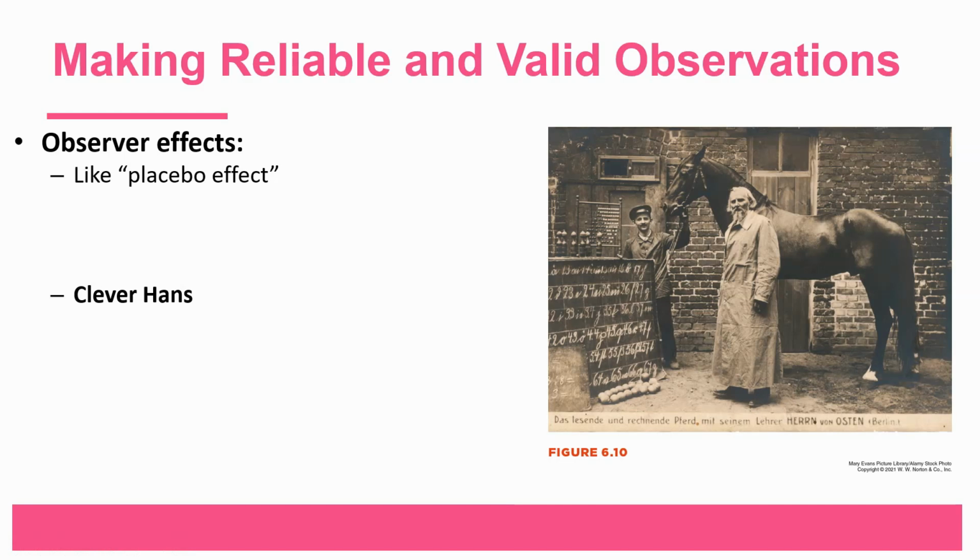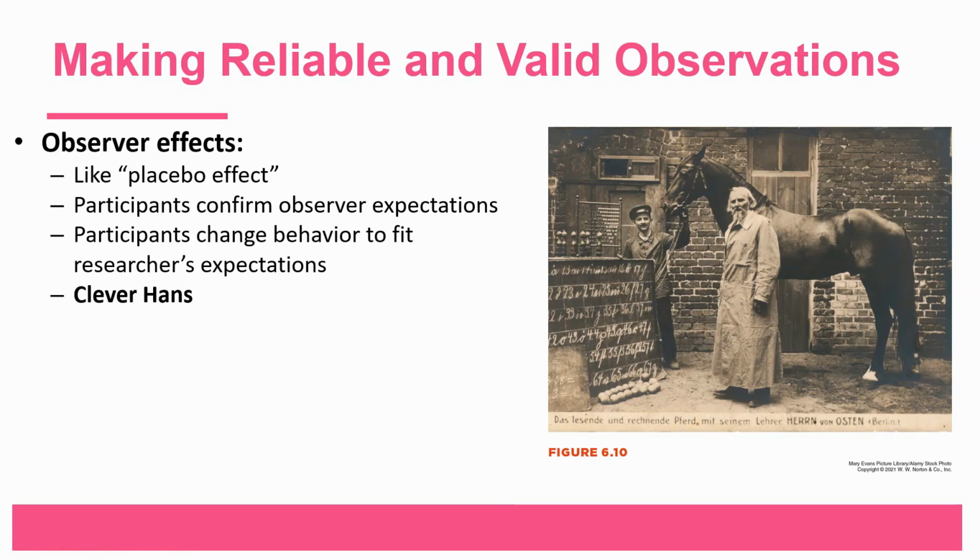When people know that they're in a study or they know that they're being observed, sometimes they change their behavior in accordance with, in expectation to what they think the researcher is looking for. So the participants essentially are confirming the observer's expectations. They're acting in the way that they think the observer wants them to act. And they're changing their behavior to fit the researcher's expectations.